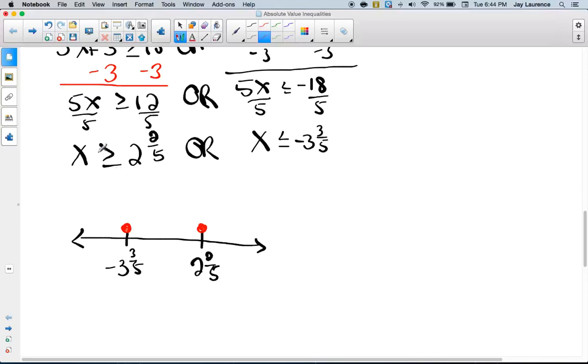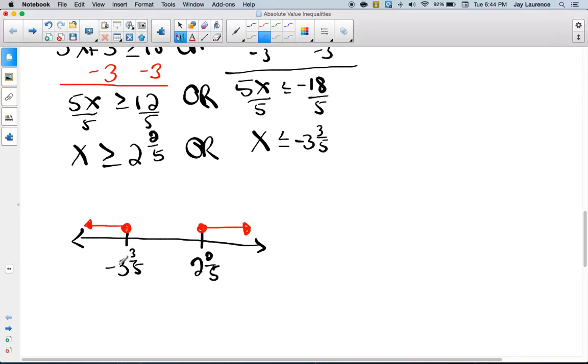Okay, now I need all the numbers greater than or equal to 2 2/5. Well, they would be to the right of 2 2/5. Okay, here I need all the numbers less than or equal to negative 3 3/5. Well, those would be to the left. And there's my graph. There's my solution set.